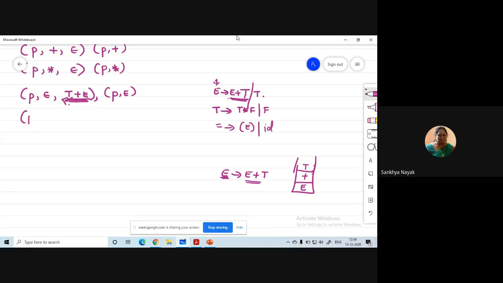Okay. Similarly, if you have T, you will replace it with E. Okay.